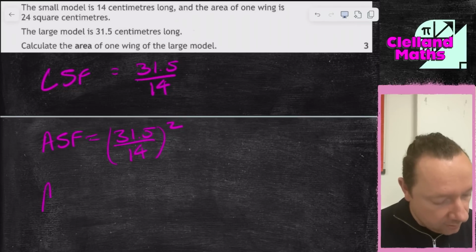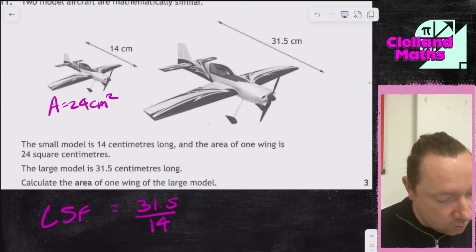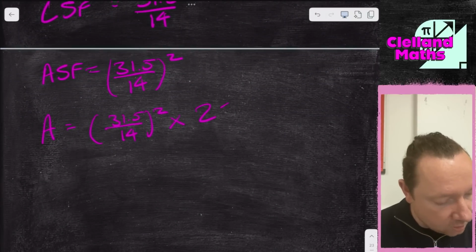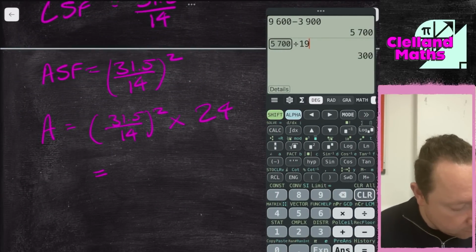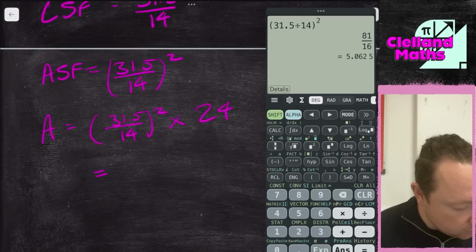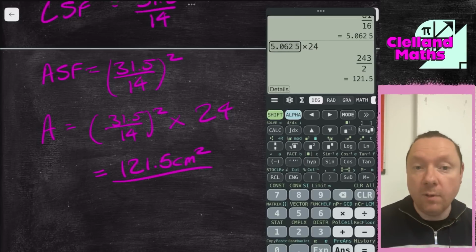So the area is equal to 31.5 over 14 all squared times 24. And that's just a calculator job. Brackets, 31.5 divided by 14, bracket, squared, just press equals I think, times 24, 121.5 centimetres squared, and we're done there.